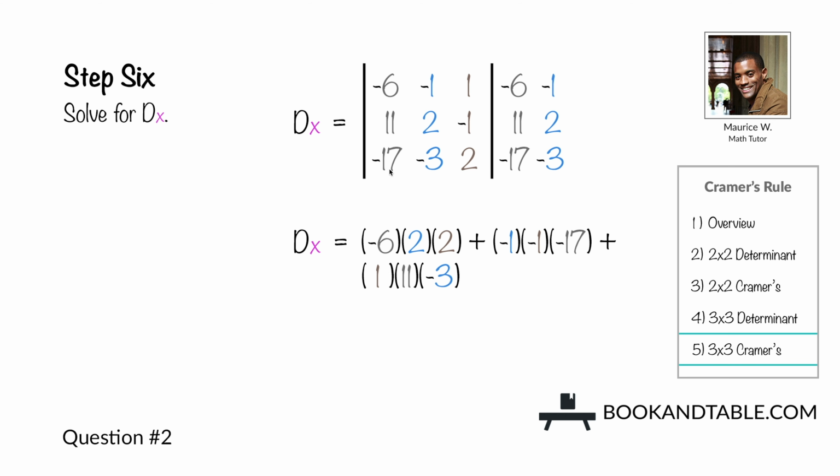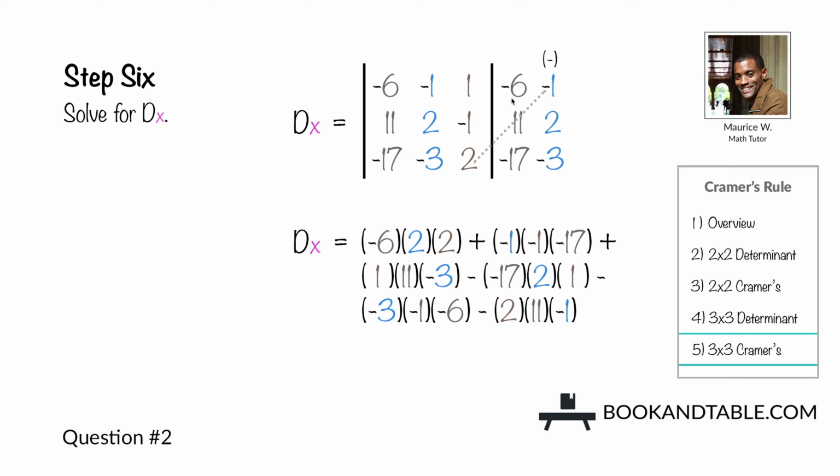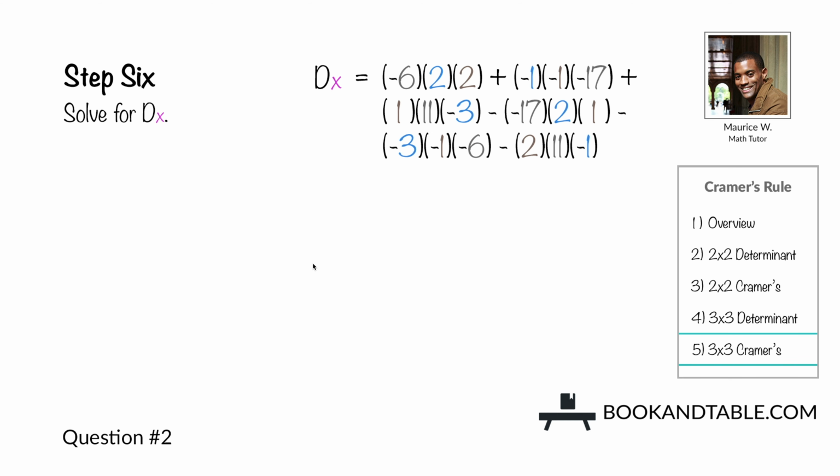And then we go down to row 3 and we do minus -17 times 2 times 1 minus -3 times -1 times -6 minus 2 times 11 times -1. And now we have the expression that we need to solve for dx, giving us -6 times 2, which is -12. -12 times 2 is -24.